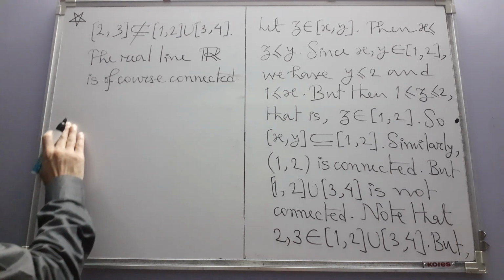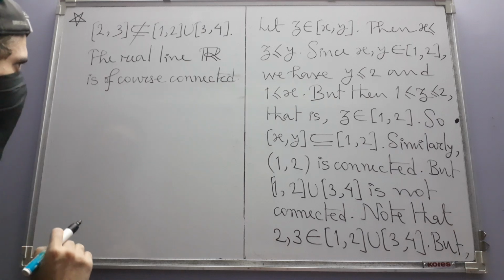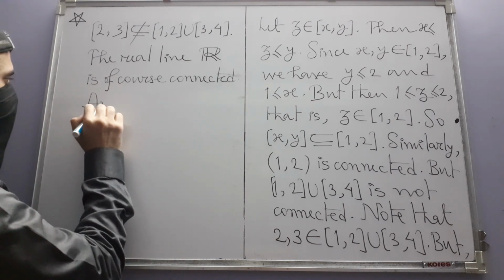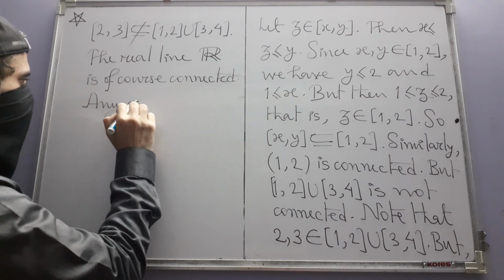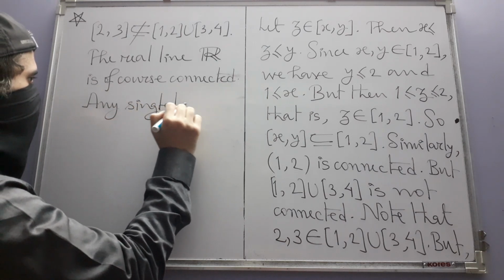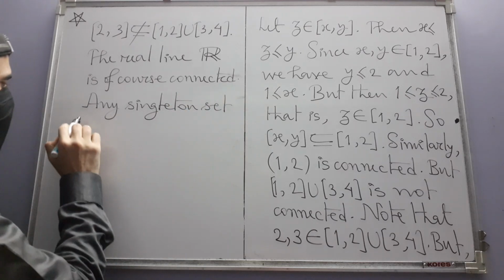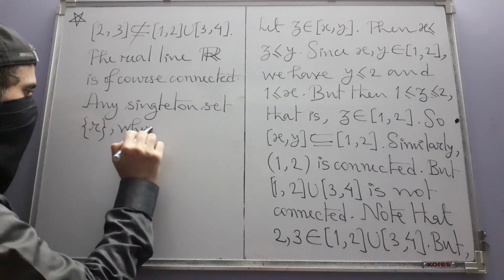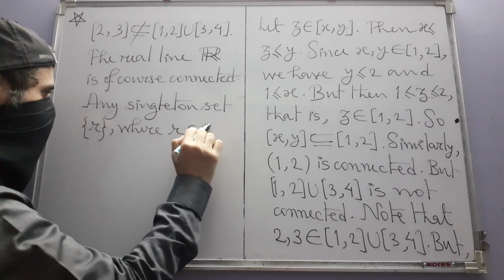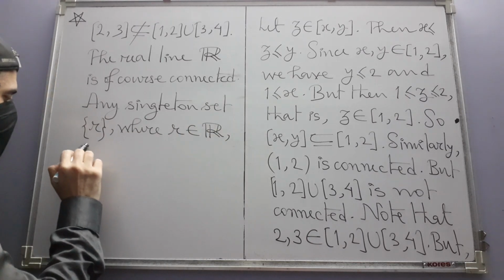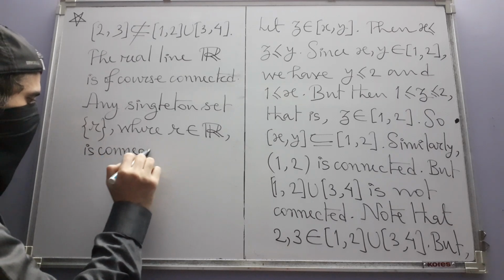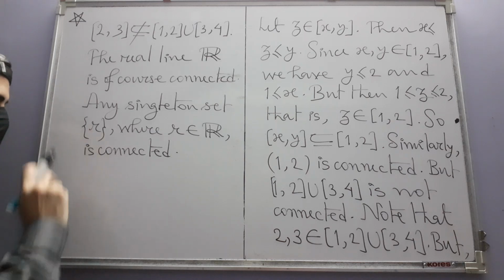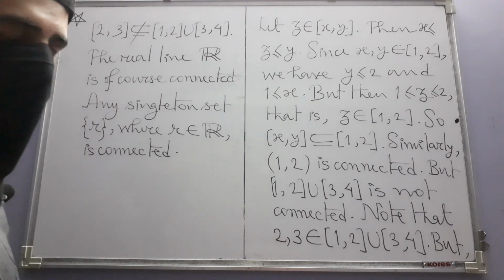But there are some other somewhat silly connected sets which are connected for trivial reasons. Any singleton set {r}, where r is a real number, is connected, because the condition for connectedness for this set is vacuously true.